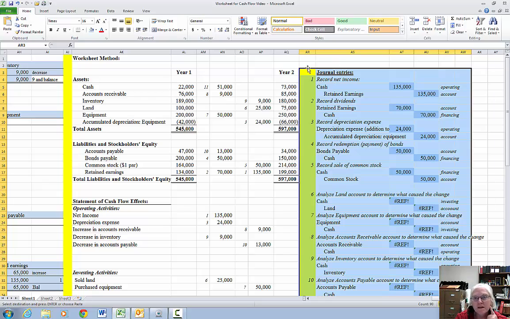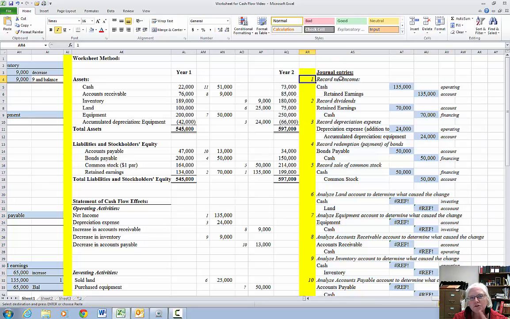All right. So the first journal entry we recorded, when you're doing the worksheet method, it's still very helpful if you make the journal entries like we did for the T account method. So when you record net income, we debit cash and we credit retained earnings. Instead of going over to the T accounts, I guess I should label these columns.